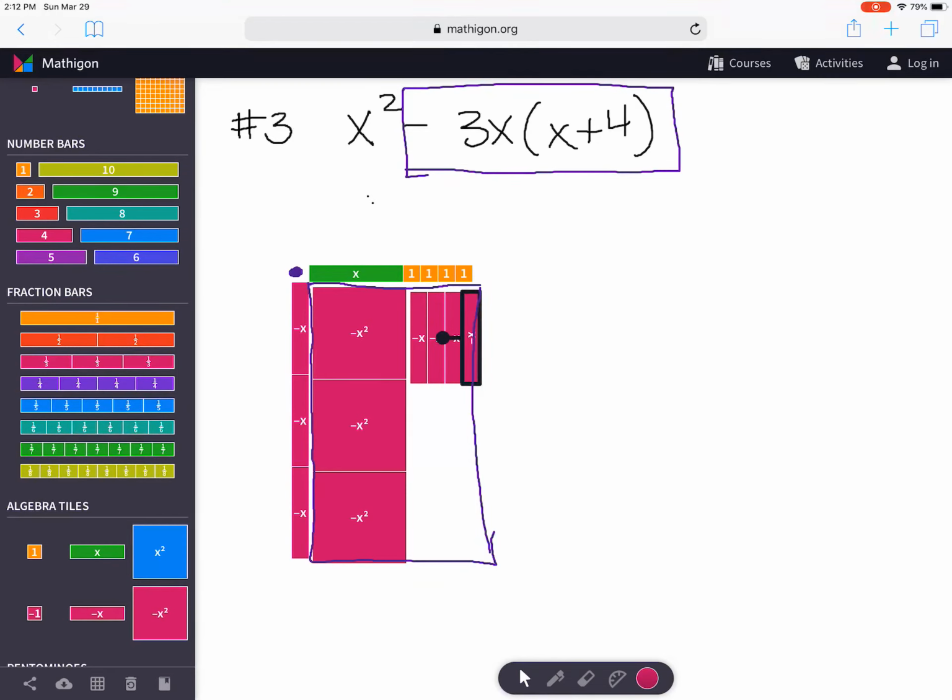And here, what I did with that first row, I have to do with this second row as well. So now I'm going to take this second row and do the same thing. Take this negative x and multiply it by the positive 1, 1, 1, and 1. And when I do that each time, a negative x times a 1 gives me a negative x.